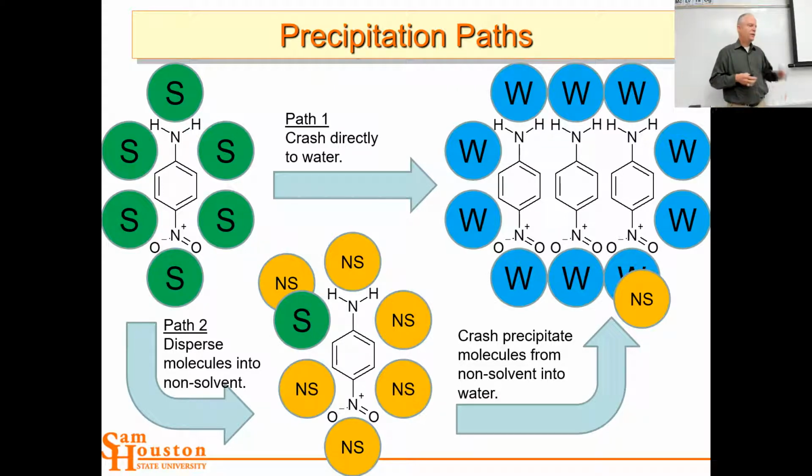So this precipitation path, we were taking, and this is how many of the explosives, and I think, Matthew, you even said that some of y'all's precipitation is directly into water. Is that correct? So this top path would be relevant to your precipitation, taking your substance and going straight into water. In this work, I thought, what if we changed the path and went from our good solvent, that's green, that's S, into a non-solvent, which is yellow, at a 1:9 ratio.